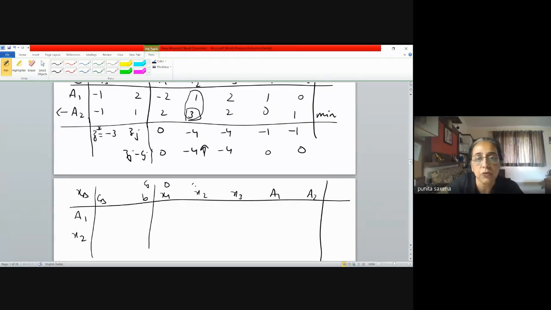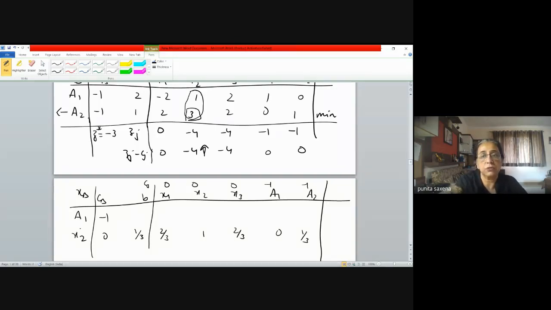Then we have 0, 0, 0, -1, -1, -1 and 0. So we are dividing this by 3, so it becomes 1 by 3, 2 by 3, 1, 2 by 3, 0, 1 by 3. Now we are changing R1 to R1 minus new R2.